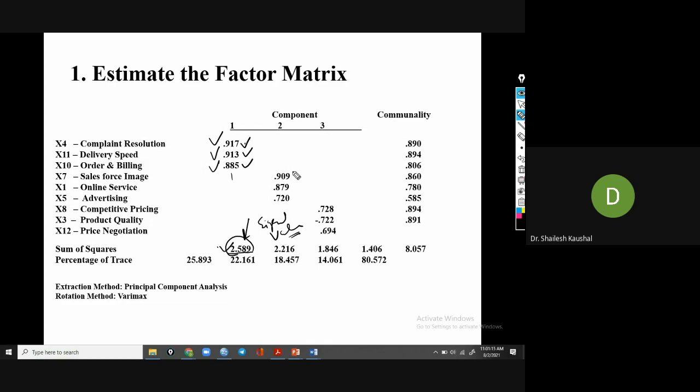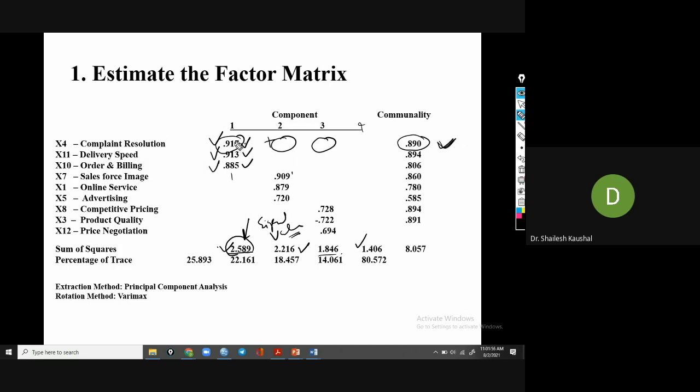Same as for another component, we obtain the eigenvalue 2 point something. For the third component, the eigenvalue is this. For the fourth component, the eigenvalue may be 1.406. So that's the eigenvalue, and communality means, when we square this plus square of this variable, although it is less than 0.6, so I did not include it here. When I horizontally square all the variances and add, then we obtain the communality.